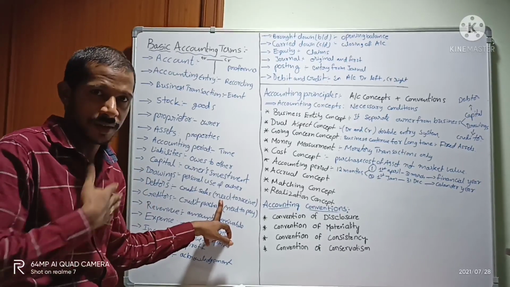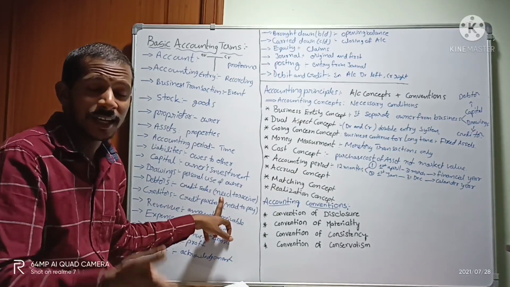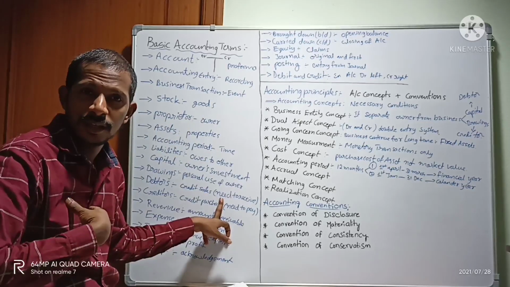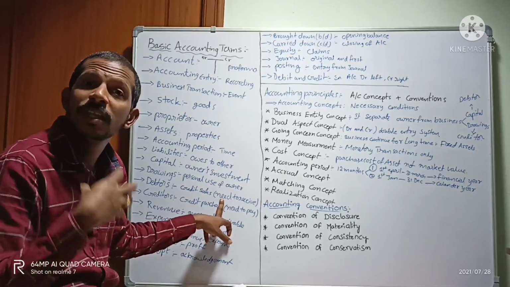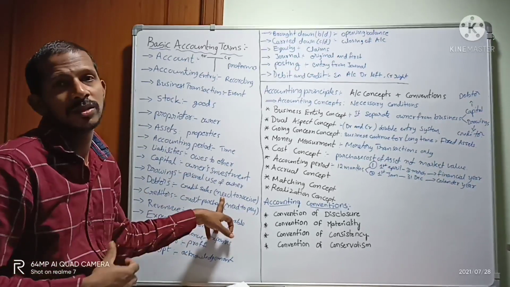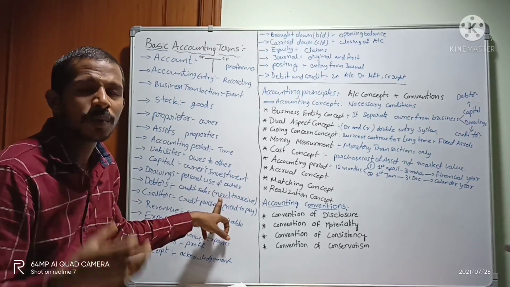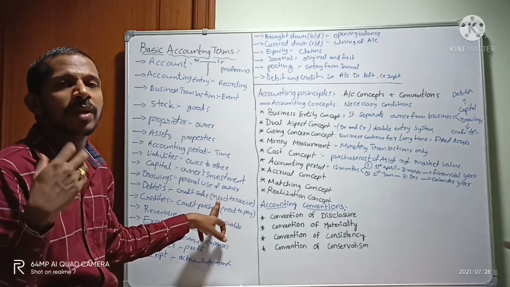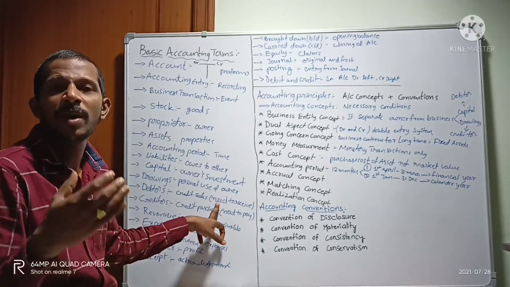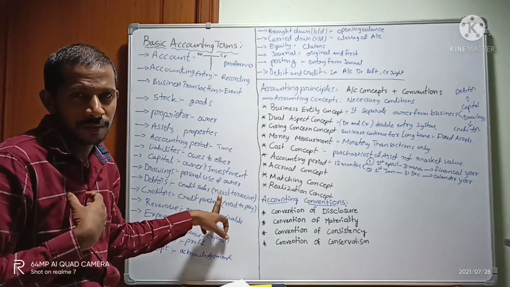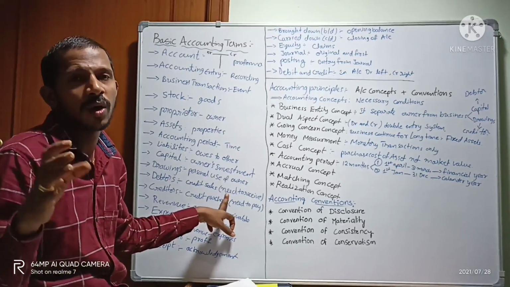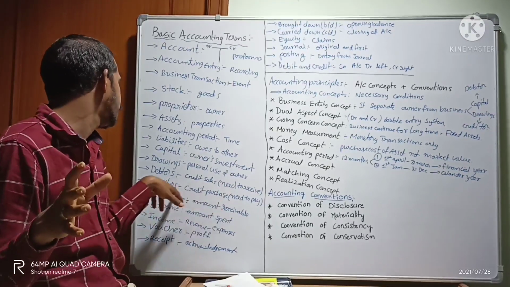First we sold the goods on credit, so they need to give money to us. The business needs to receive money from them. They may be buyers. That is nothing but the debtors.